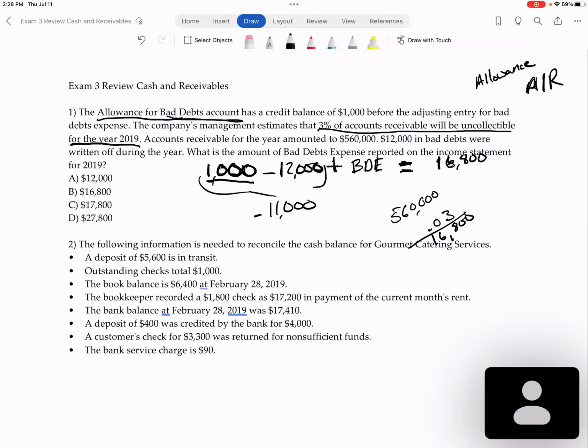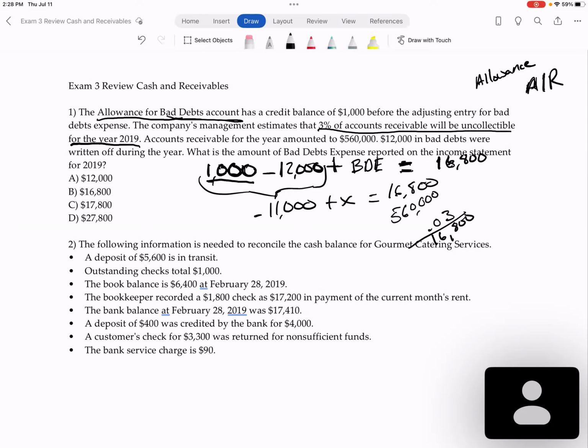This and this, that out, plus X equals 16,800. Therefore, we know this needs to be a big number, right?